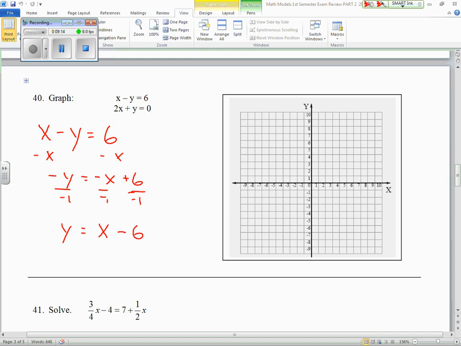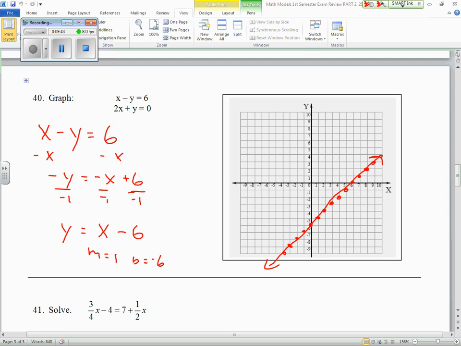Okay. x minus 6 means we're going to start at negative 6. It's going to have a slope of 1. Down 1 over 1. Your slope is 1. b is negative 6. Okay.